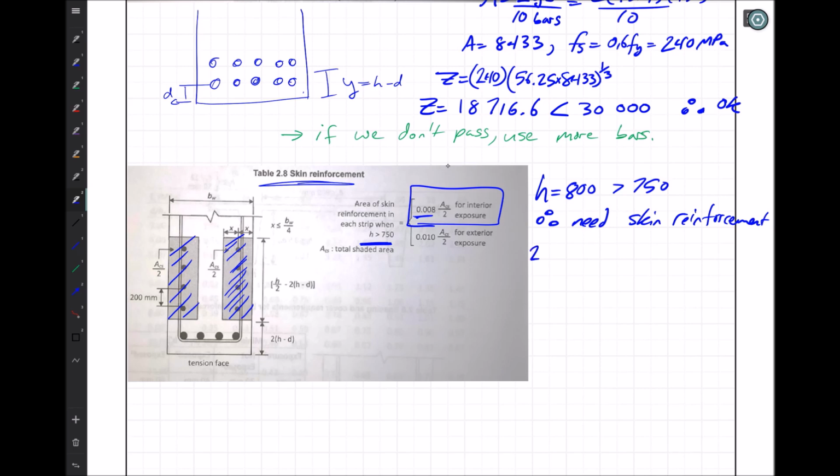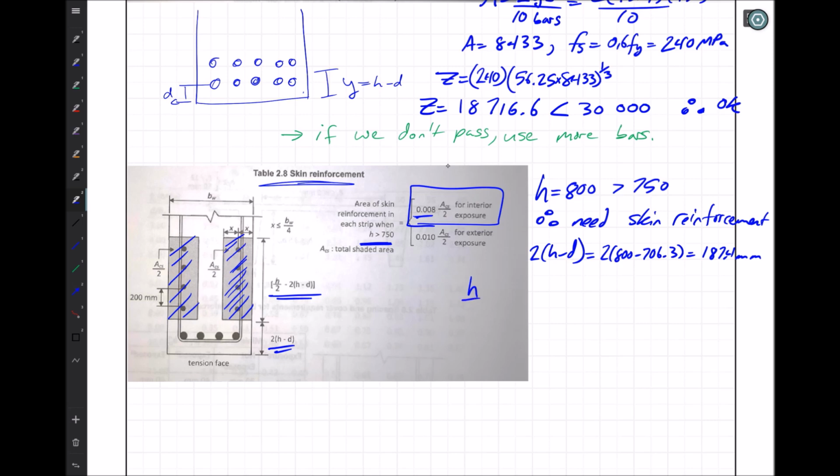We're going to need 2 times H minus D, this value here. And this is 2 times 800 minus 706.3, or 187.4 millimeters.